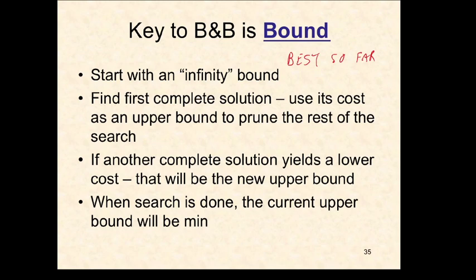And then that becomes our new best so far. As we do subsequent searches, we want to know, is my complete solution better than the best so far? If so, it becomes the new best so far. And when we've searched everywhere, the best so far we've ever seen is the best there can possibly be.